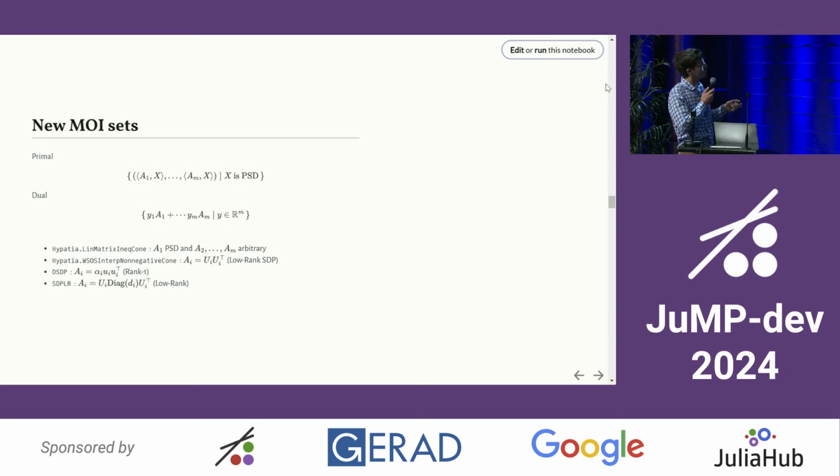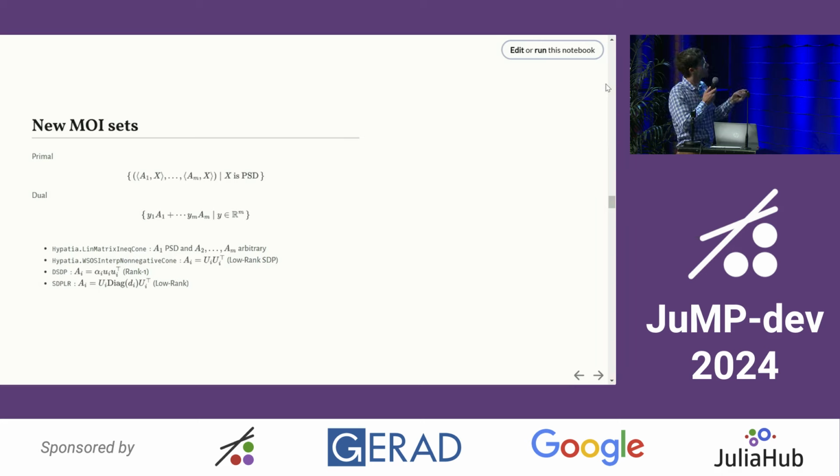And then they have also this set, which is related to sum of squares because it's obtained when you use the sampling basis with sum of squares. But in this set, Ai can be just any matrix that is PSD because you describe the matrix by its Cholesky decomposition. So the way you describe the Ai matrices in this set is by giving this factor Ui. So there, if it has only one column, then Hypatia sees it's indeed rank 1.